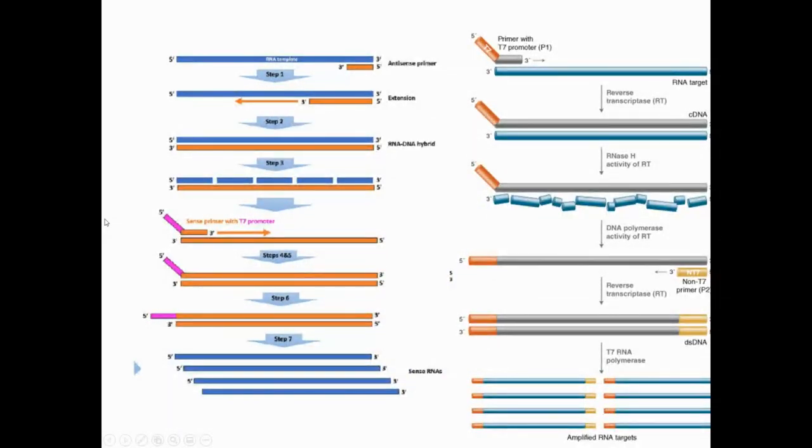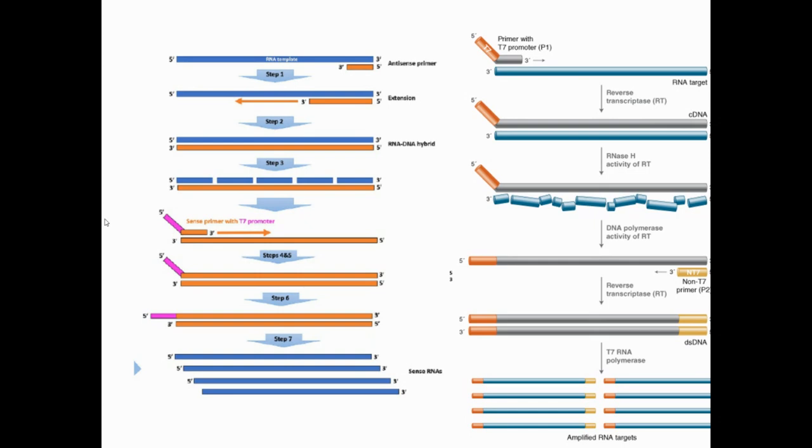And this is for NASBA. In this RNA amplification technology, basically you introduce a third enzymatic activity, which is called RNase H. RNase H removes the RNA from the cDNA-RNA hybrid without a heat denaturing step.